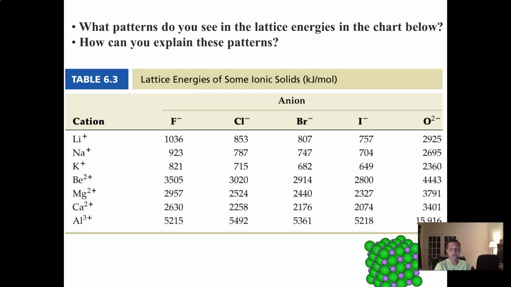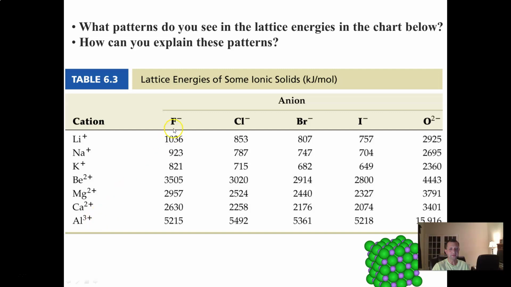Here's a chart of lattice energy. What patterns do you see, and how can you explain them? What you want to do is try to see some trends. A couple of things jump out at me. There are some big numbers for aluminum, way bigger than the others.